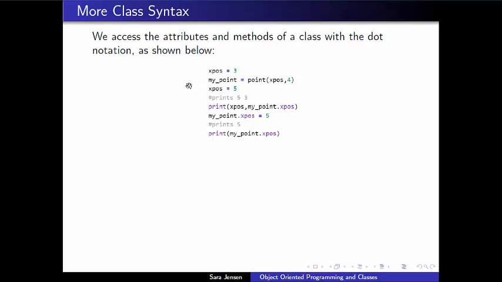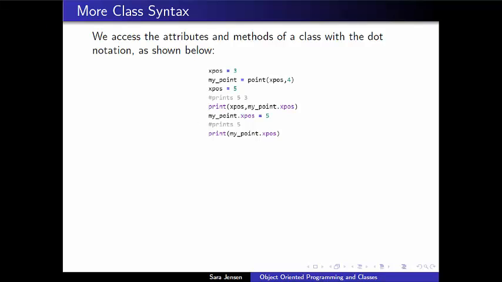When we then progress to the third line of code and we reset the value of xPosition, this global xPosition will have its value changed from 3 to 5. But this global xPosition is not the xPosition variable of any points that I have created inside of my program.